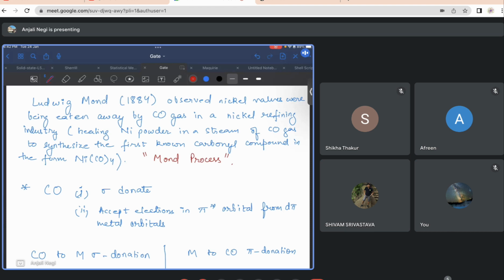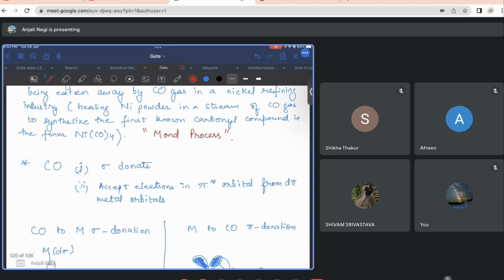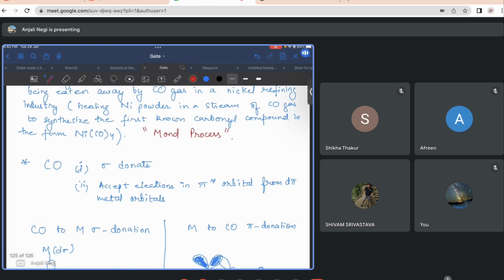So basically the nickel powder, in a stream of CO, carbon monoxide gas, was converting into a metal carbonyl. The compound that was first formed, known as a metal carbonyl, was Ni(CO)4.